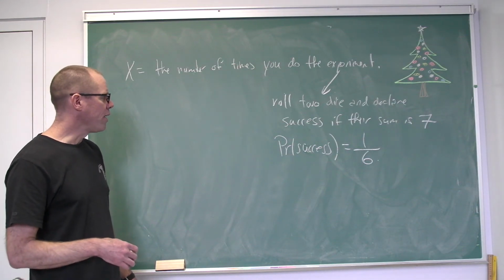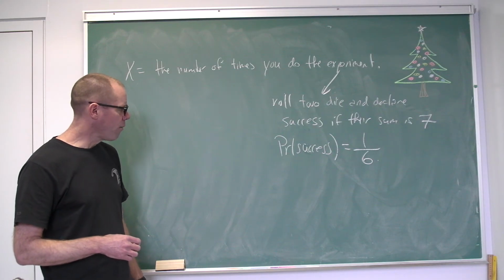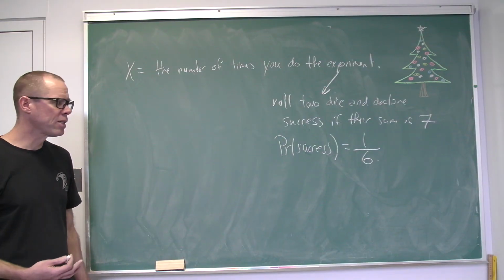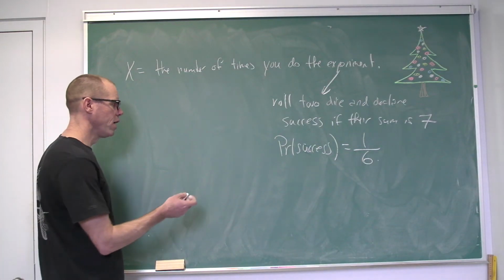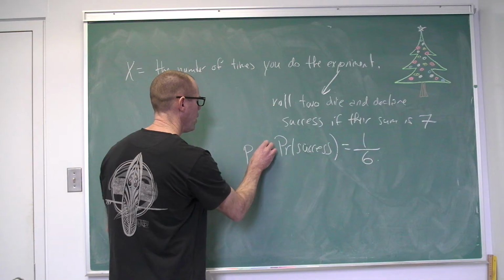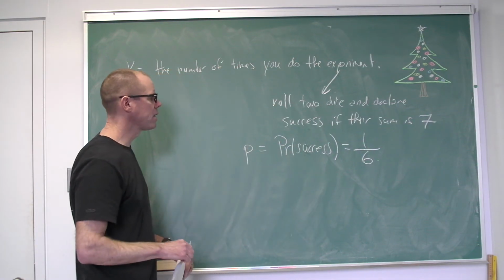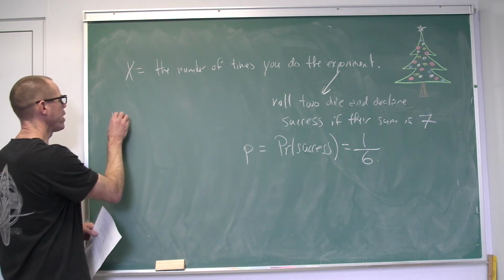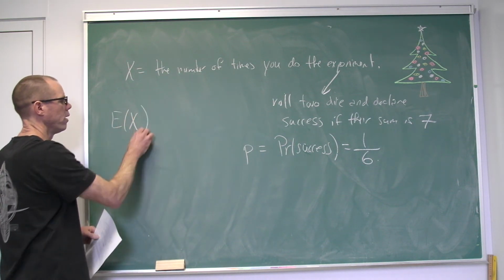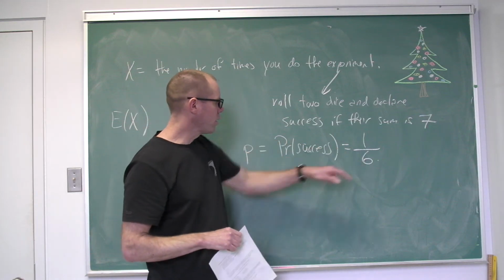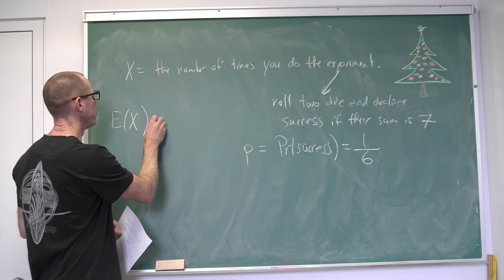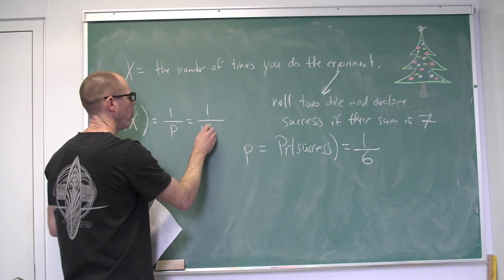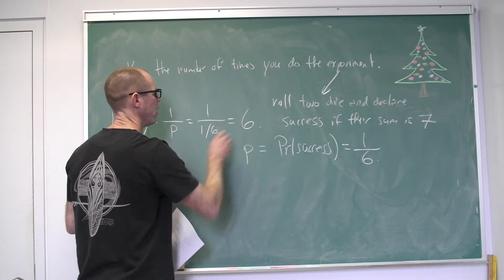And the expected value of a geometric random variable is just 1 over that probability of a successful outcome. So on the front page, that's referred to as P. So P, the probability of success, is 1 out of 6, and therefore X is a geometric 1 over 6 random variable. So the expected value of X is 1 over P, which is 1 over 1/6, which is 6.